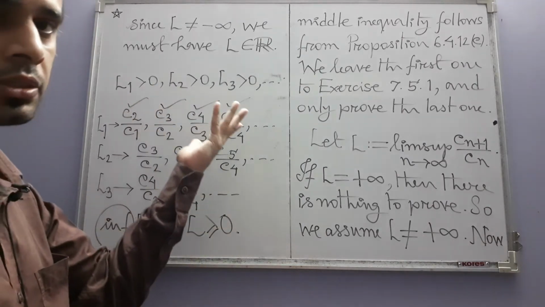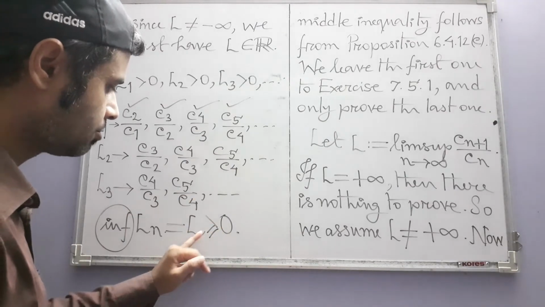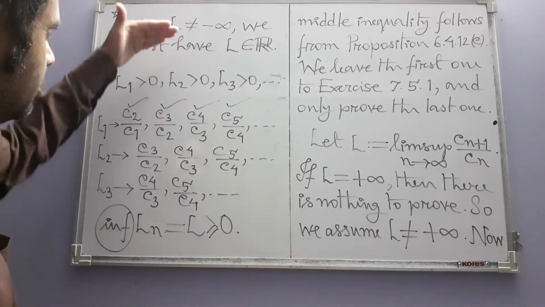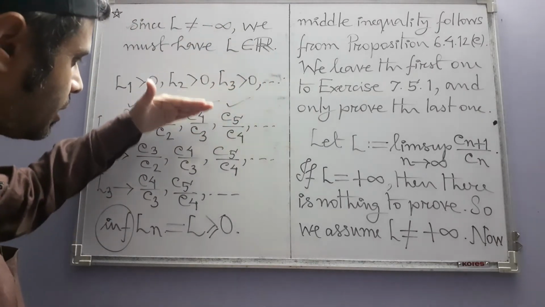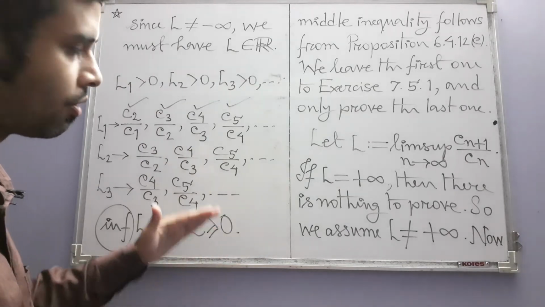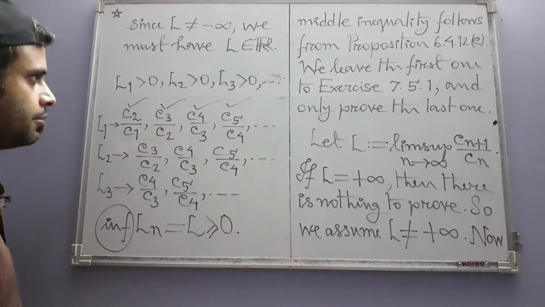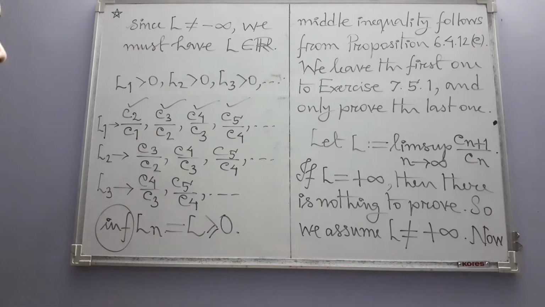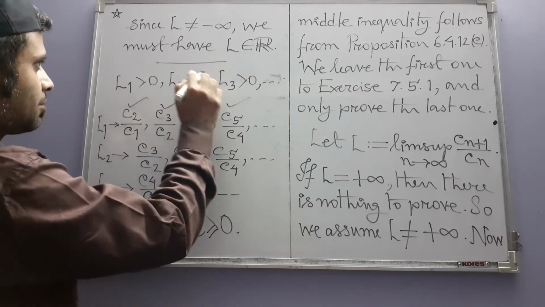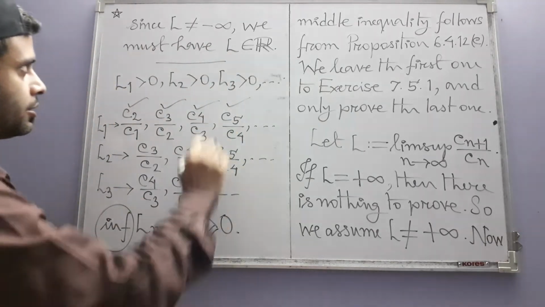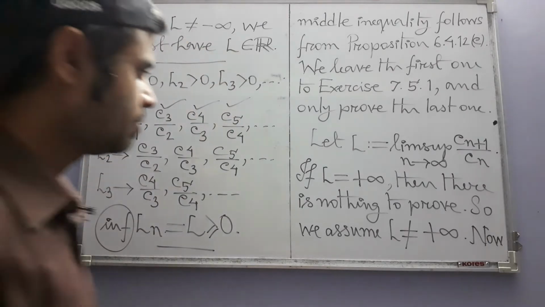So how can it be minus infinity? It cannot be minus infinity. It is a real number, and in fact non-negative. So that is why L has to be a real number, and we see much more, that L is a non-negative real number. Okay, so let me just keep it like this. It's not a part of the proof, but it's an explanation of why we have this inequality. Next.